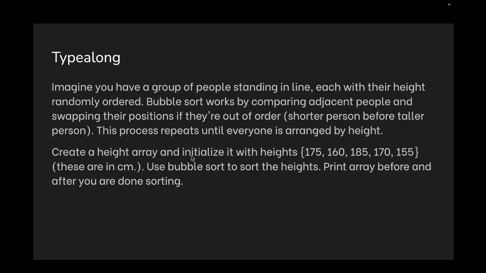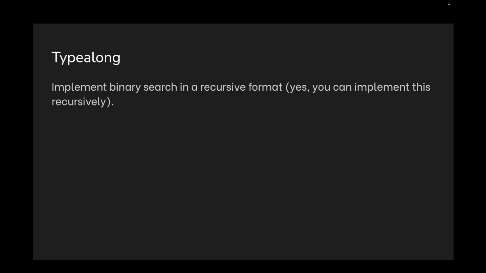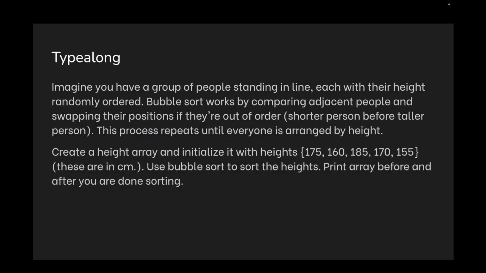So create a height array and initialize it with heights 175, 160, 185, 170, 155, and these are in centimeters. And then use bubble sort to sort the heights. Print the array before and after you're done sorting. So I'll put the bubble sort algorithm.